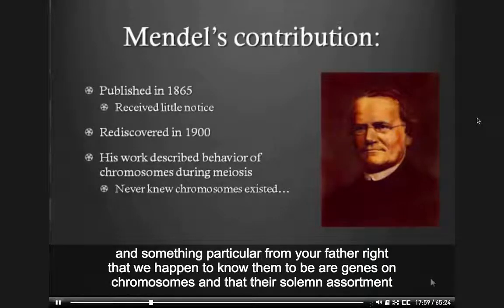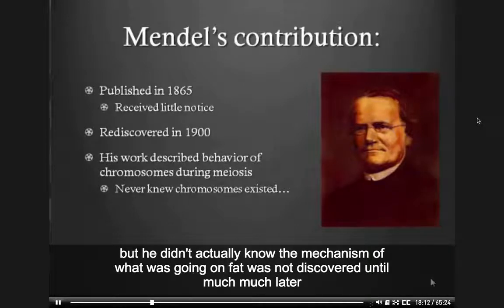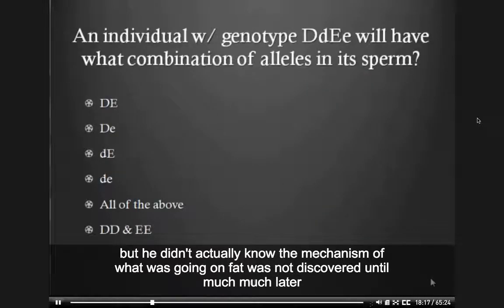We happen to know them to be genes on chromosomes. And that there's some assortment going on that is allowing our math to work. His math keeps telling him this, but he didn't actually know the mechanism of what was going on. That was not discovered until much, much later.